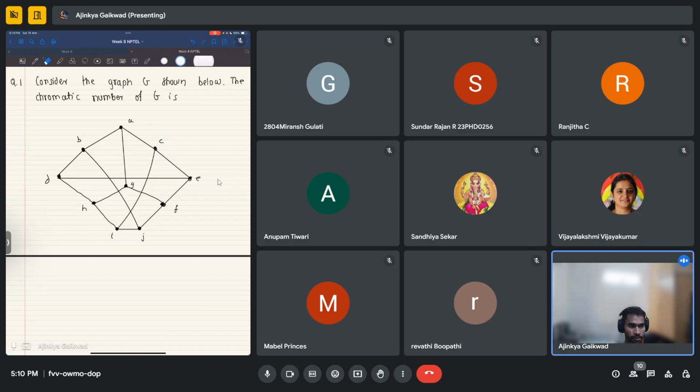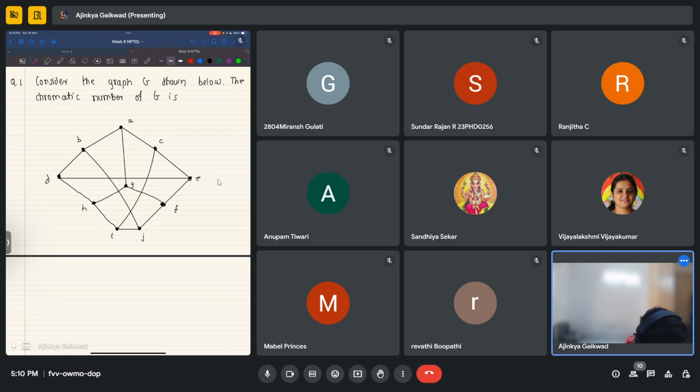Now the question is, can you do it in 3 colors or do you need 4? So let's start by trying for 3 colors, and if we succeed then the answer is clearly 3, because the answer is at least 3. And if we could not do it, then we'll see what the problem is.